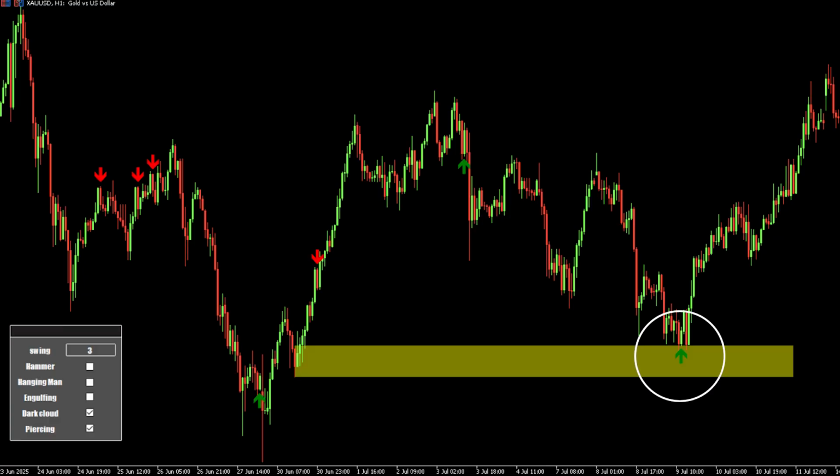For example, if you backtest trading with a breakout, pullback and continuation strategy, you may get around a 60% win rate. But if you add, for example, these two patterns, your win rate can increase to 75% in the final stage when the continuation happens. Here, after retesting, price started to move with a piercing pattern.